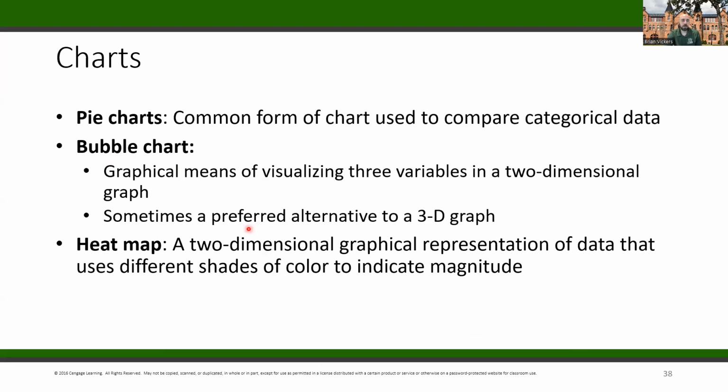A bubble chart. So a bubble chart is a way that you can have three variables on something that is similar to the look of a line chart or a scatter plot, but where that third variable has a larger bubble.